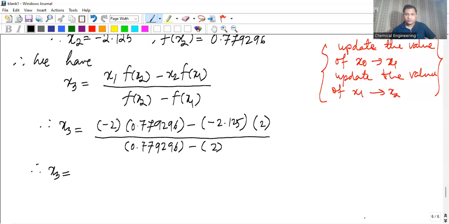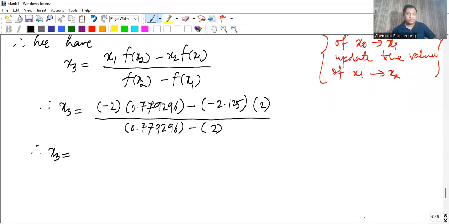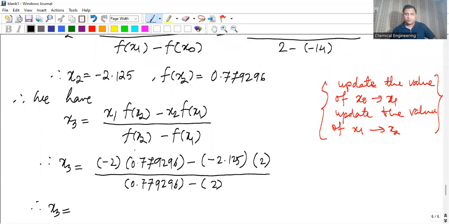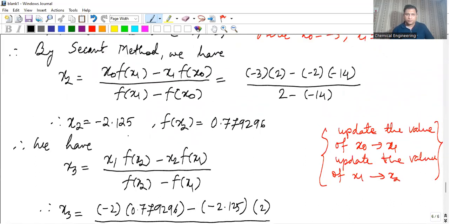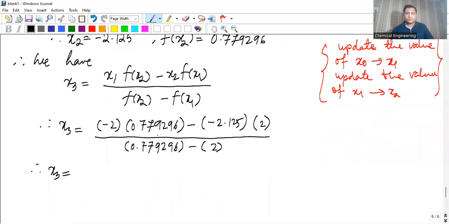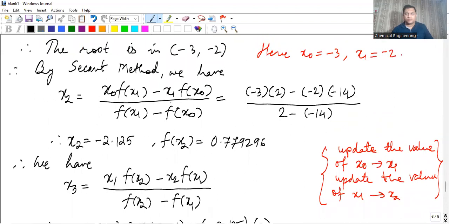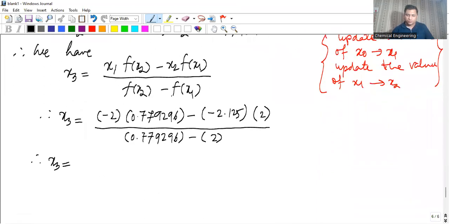What is the value of x3 we are getting? Minus 2.204799.